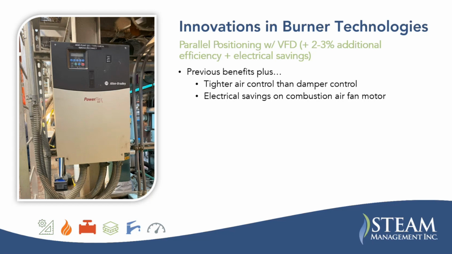If you're familiar with VFDs, this lends itself to electrical savings, and that's the benefit here. You also get tighter control. Dampers can also loosen over time, or seals can loosen, so the VFD should provide you with tighter control for longer, and then you get the electrical savings on the motor.